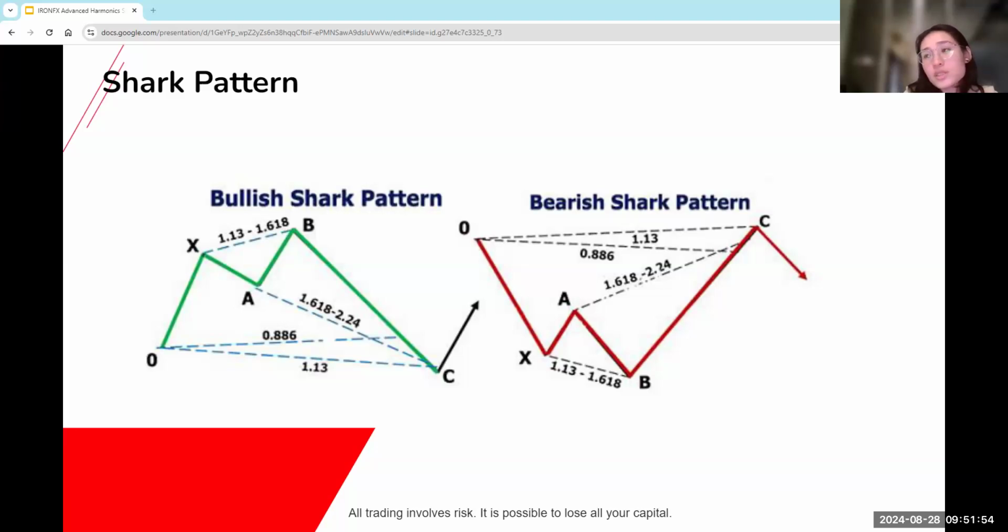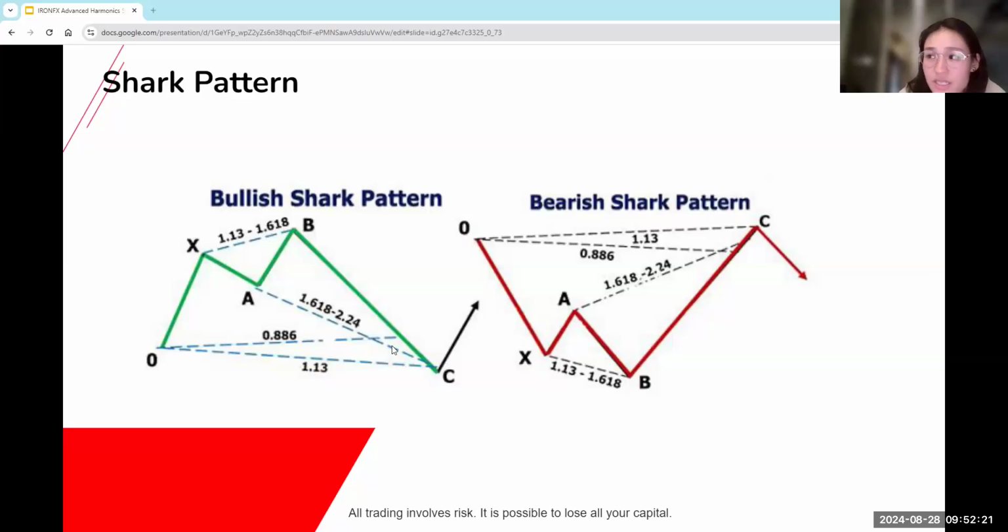Okay, so the strength of the shark pattern is that it is able to identify potential reversals earlier than the other patterns, such as your crab and your bat, because you're looking at this price pattern before its completion. So you don't have to wait for your C level to form before going in for your trade.